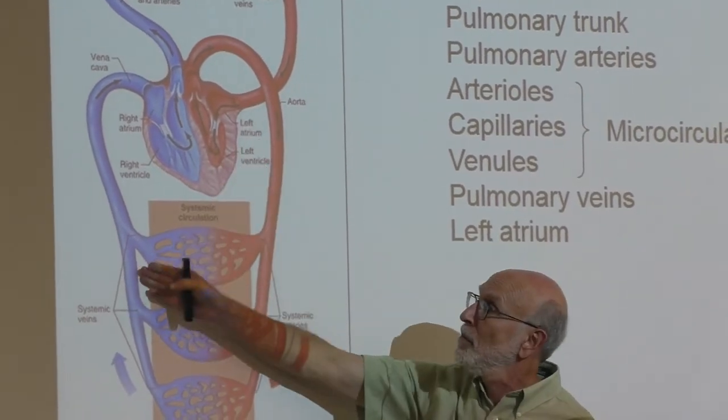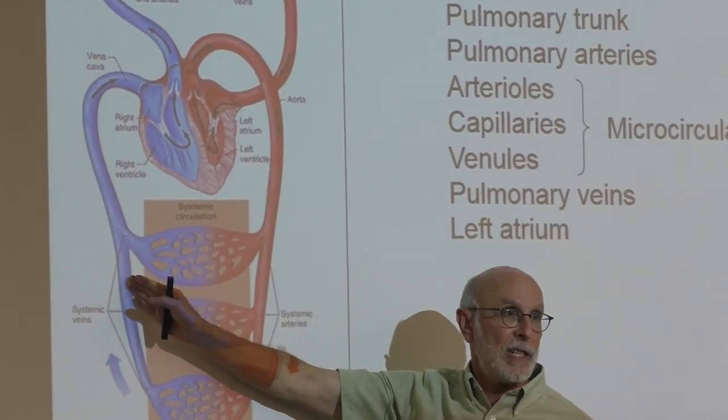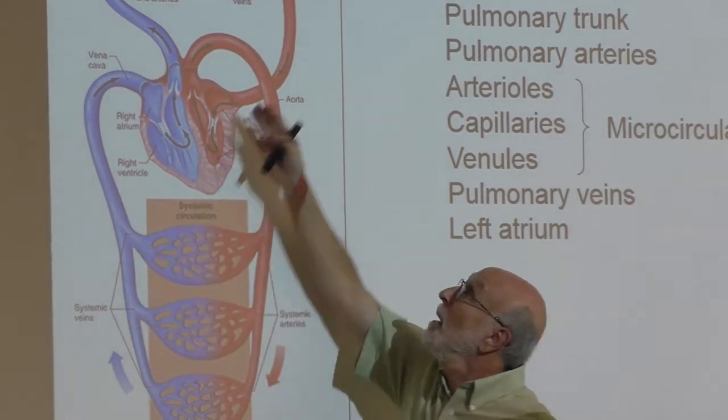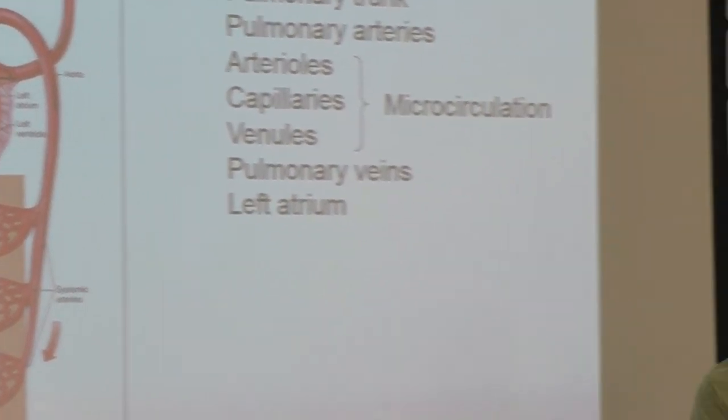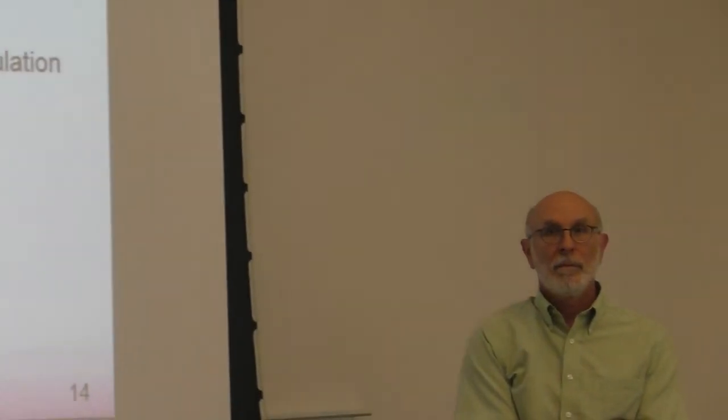But you notice that the vena cava is carrying deoxygenated blood, and the pulmonary vein is carrying oxygenated blood. Is it clear? Arteries are taking blood away from the heart. Veins are taking blood back to the heart.